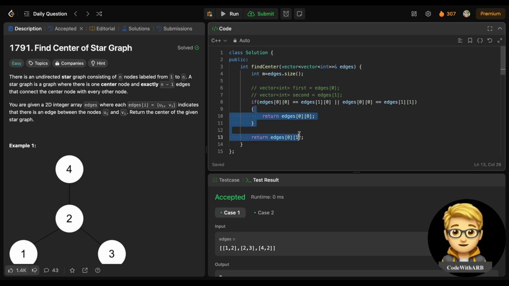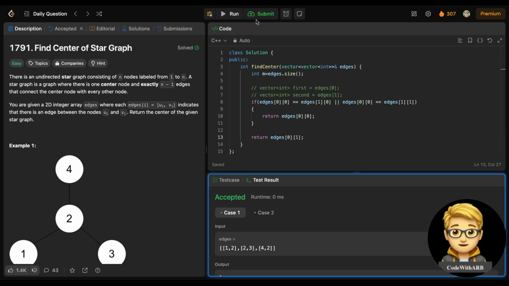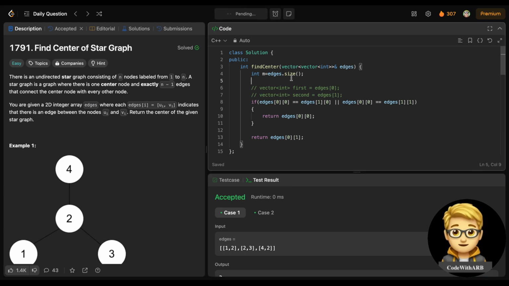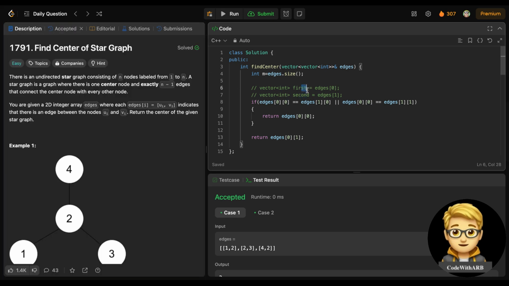So you can just replace it, both are the same. Just run it. We have passed the sample case. Let's submit it. This is the same thing. Just to give you an imagination, I have used first and second, but it's the same thing. You can write without it.